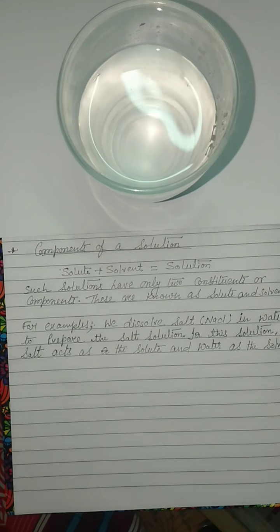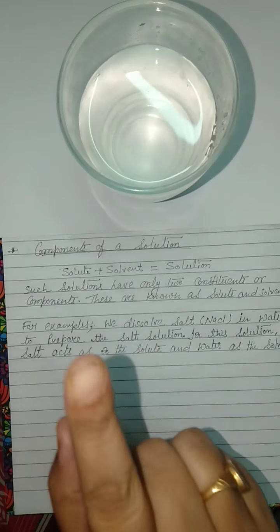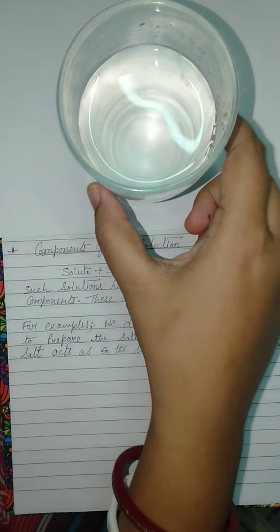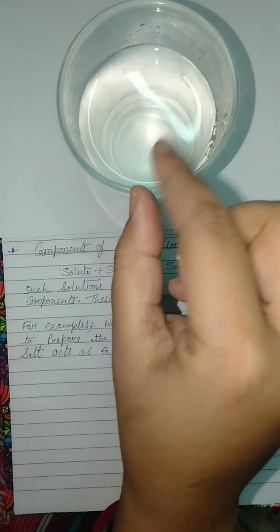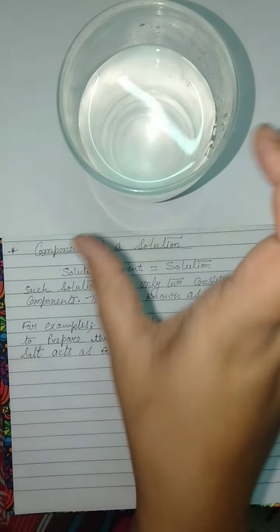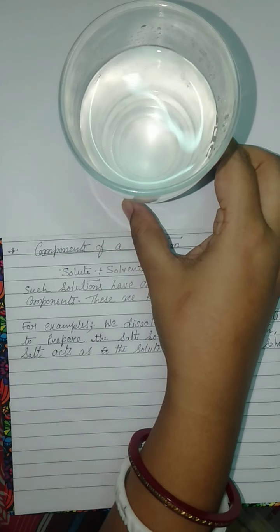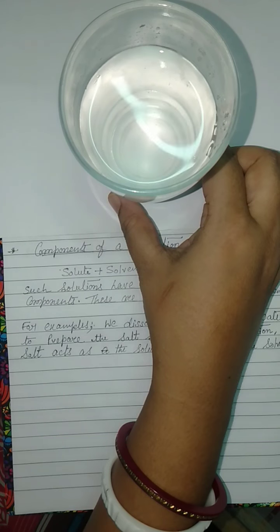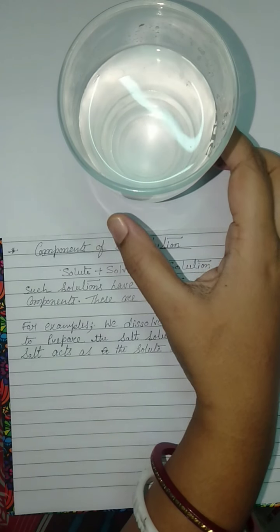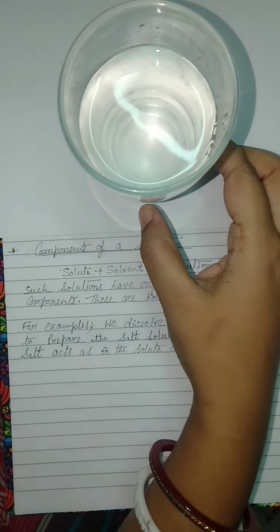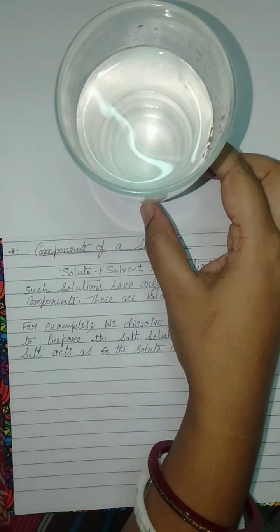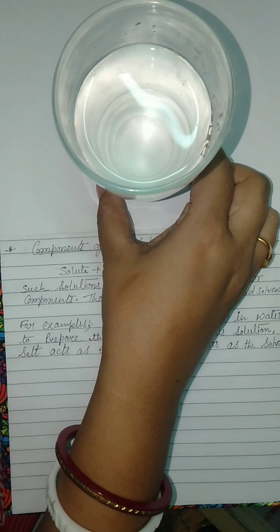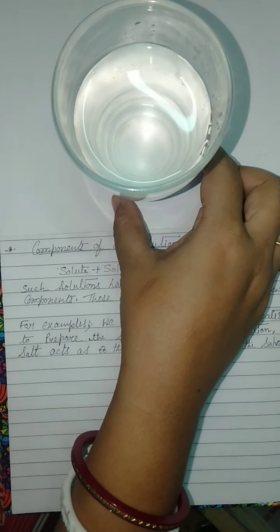This is called the solution. We mixed two constituents, water and salt, and they completely dissolved in each other. So solute and solvent is equal to solution. Clear, students? This is called a true solution and this is also a homogeneous mixture.